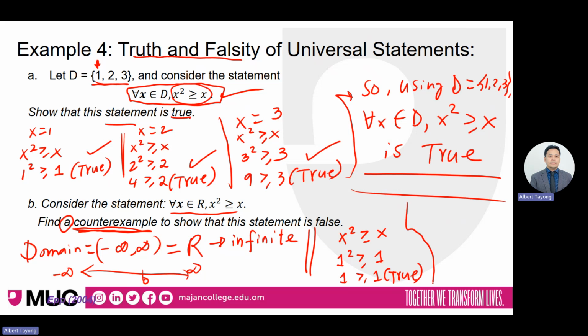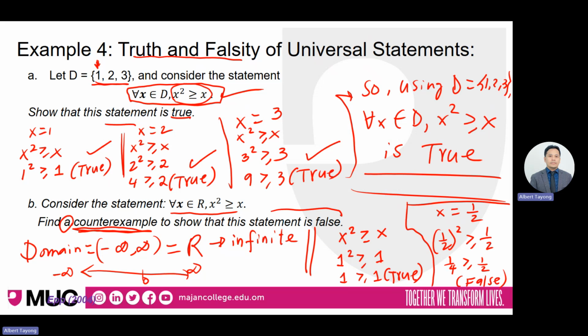So the whole number 1 will not make the statement false. So let's try a number which is not a whole number. 1/2, for example, a fraction. So 1/2 squared is greater than or equal to 1/2. 1/4 is greater than or equal to 1/2, which is false. Because 1/4 is 0.25, 1/2 is 0.5, it is less than 1/2.